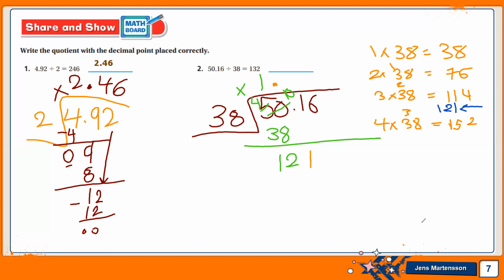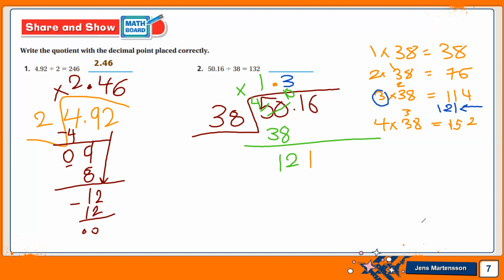Now 114, what is the factor that when you multiply it by 38, you get 114? No, miss, it's a 3. 114, it is a 3 times 38. So you will write 3 up. Bravo.